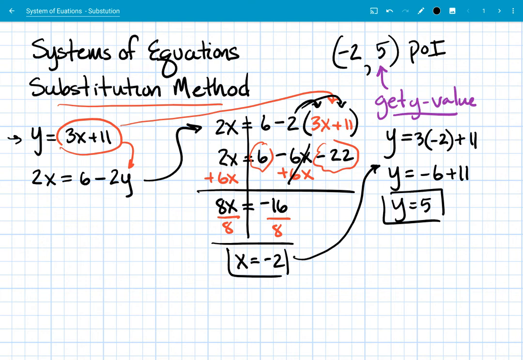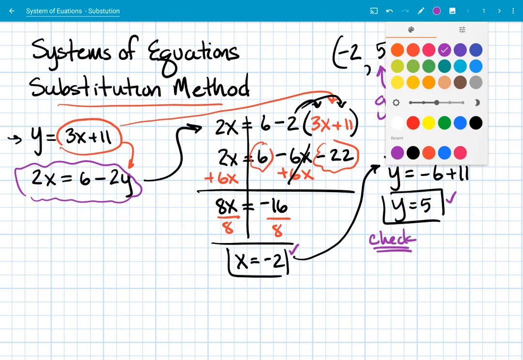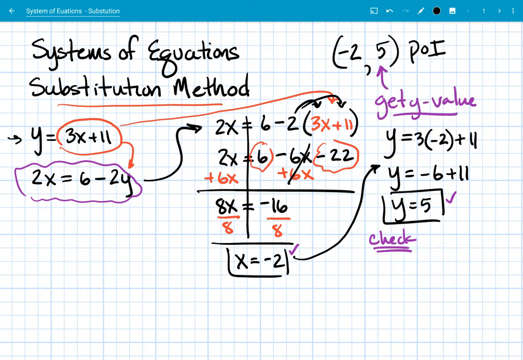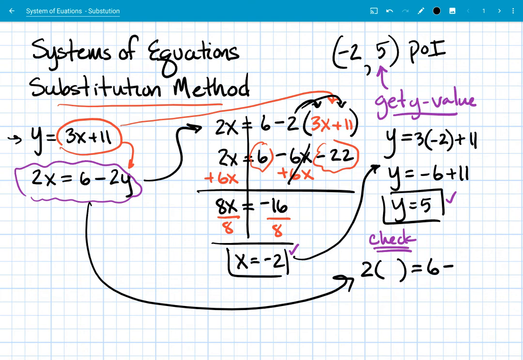All right. Now I should do a check. I need to use this original equation to do my check. And since I have an x value and a y value, I'm going to substitute them both in at the same time. So watch how this check works. In this equation, it says that 2 times x is supposed to equal 6 minus 2 times whatever y is.